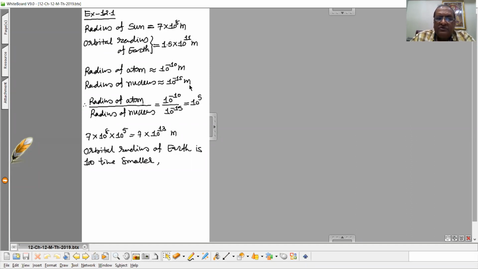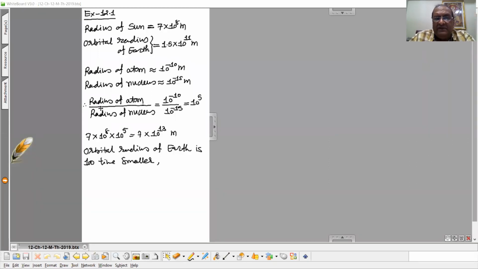The radius of the atom gives you the orbit of the electron, and the radius of the nucleus is the radius of the center. Similarly, the radius of the Sun is the radius of the center, and the orbital radius of the Earth is given to you.